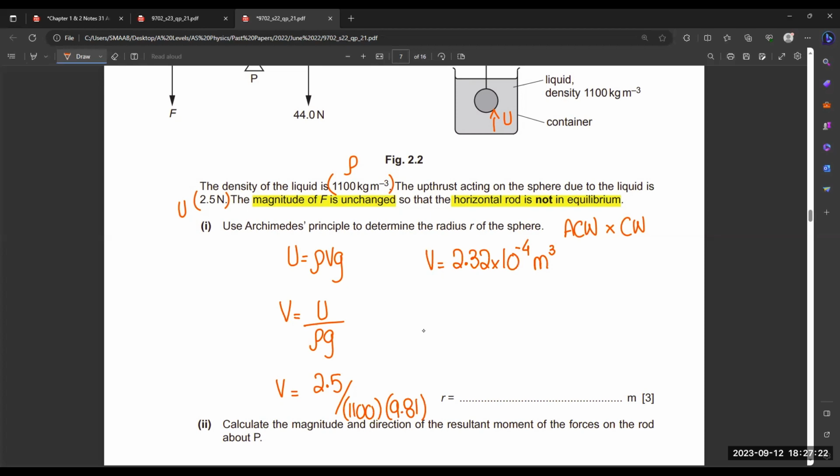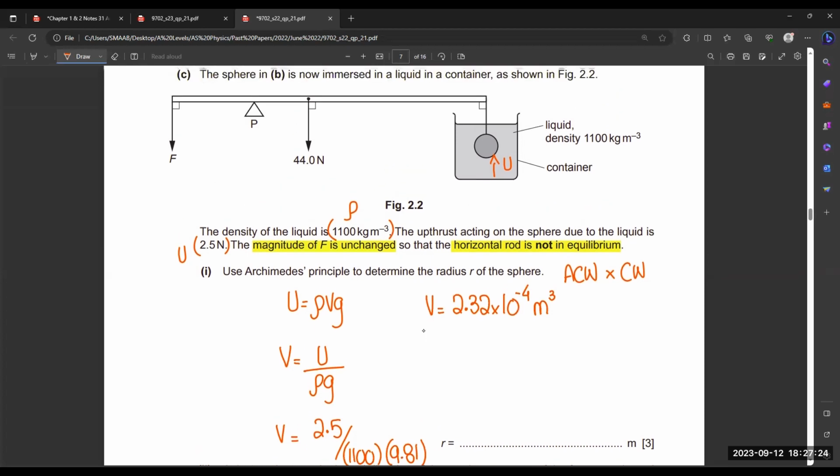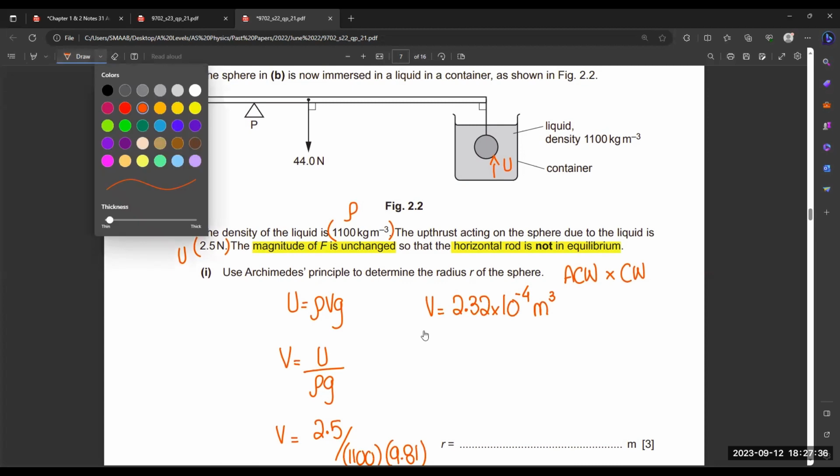And the main theme is we have to find out the radius, right? And you know that we are using a sphere. So to find out the radius of the sphere, the volume is 4 over 3 pi r cube.